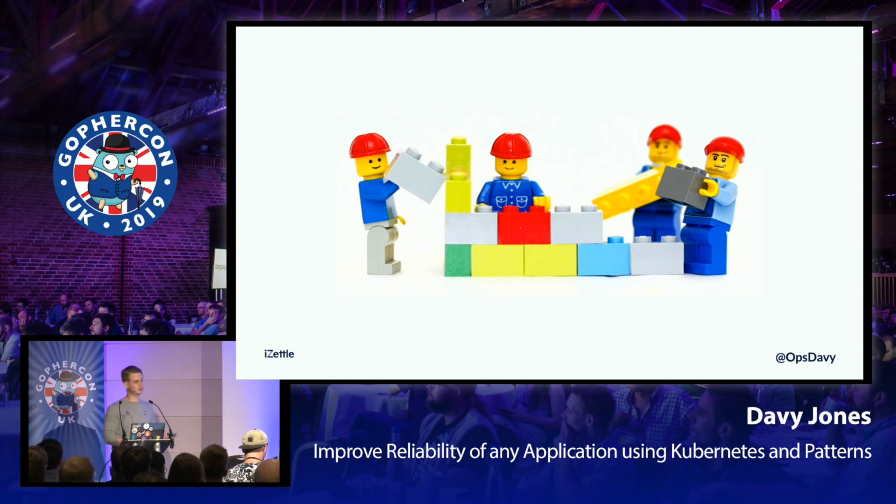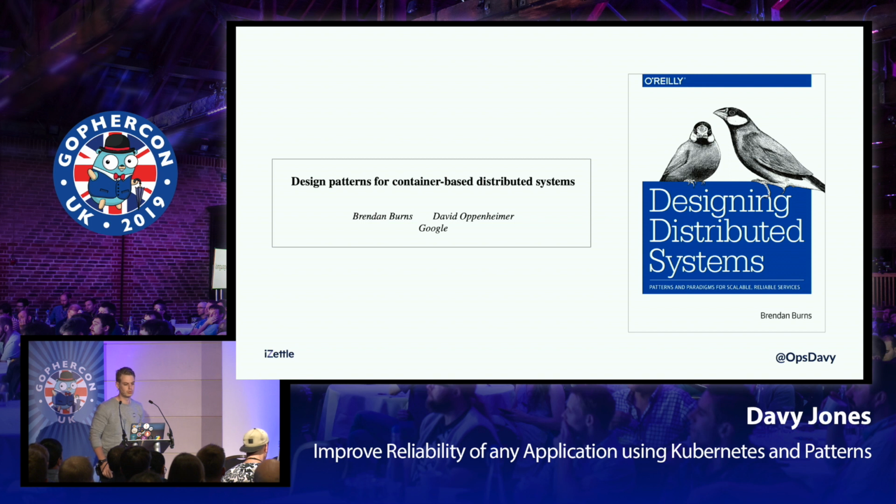So in this talk today, I'm going to be talking about how we do that within a distributed system context, and specifically within Kubernetes using containers. Brendan Burns and David Oppenheimer released this paper in 2016 called Design Patterns for Container-Based Distributed Systems. And then the subsequent book that Brendan Burns put out describes a set of patterns that you can use to design distributed systems, naturally.